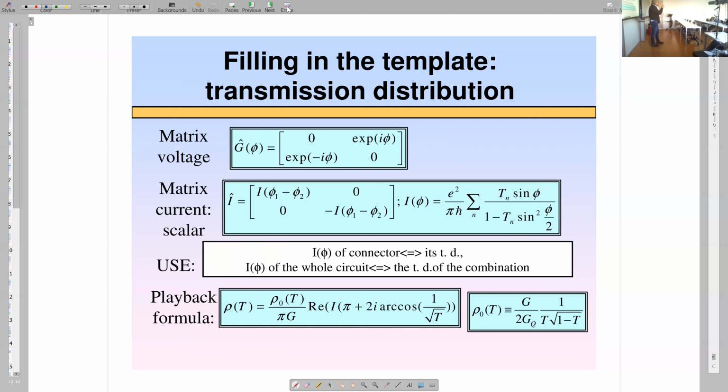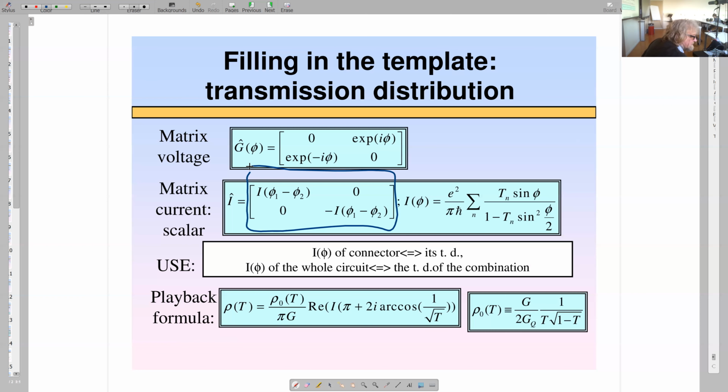It will depend on the difference of two phases, phi 1 and phi 2, very much like linear current depends on the difference of voltages. It will be a matrix of very simple structure. If you look here, you recognize that this is just proportional to what people call sigma z. As such, it can be treated as a scalar. It's always a scalar times sigma z.